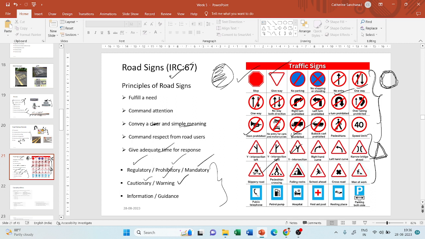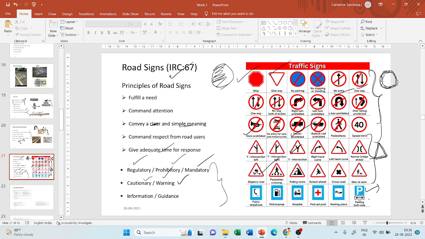The last one is information or guidance. This is rectangular in shape, and the color of the board will depend on the type of highway. Here it is shown only in blue, but we have seen green also, right?